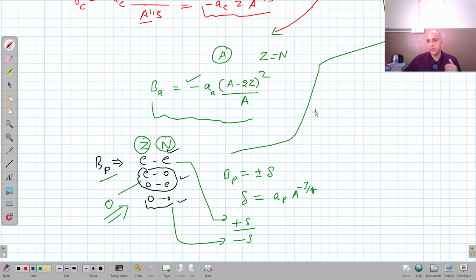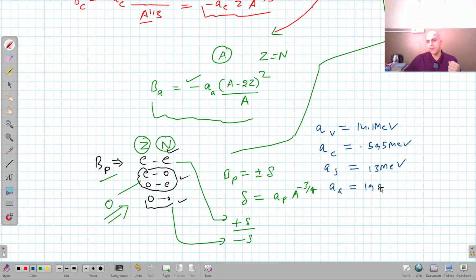First of all, the constant of the volume energy term is found by different experiments to be 14.1 MeV. Similarly, the Coulomb energy term has 0.595 MeV. The surface energy term has 13 MeV. Similarly, the asymmetry energy term is 19 MeV, and the pairing energy term 1.2 MeV.